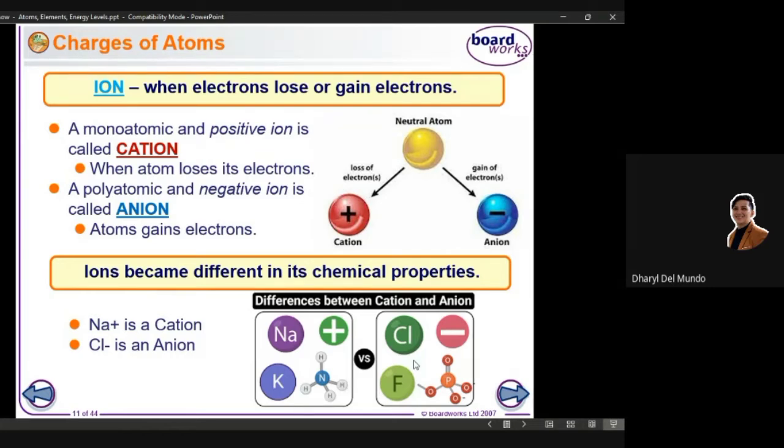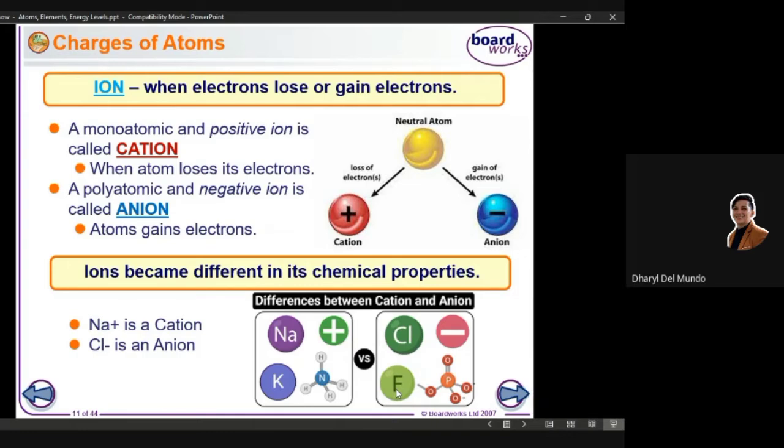And another one, potassium fluoride. So we have potassium, which is a cation, and then we have fluorine, which is an anion. When they combine together, of course, it will form another substance, which is potassium fluoride.